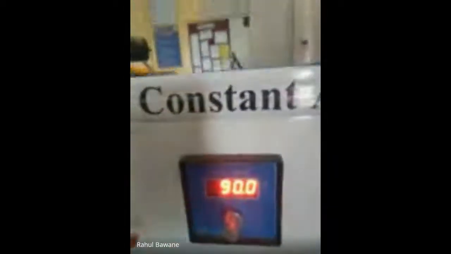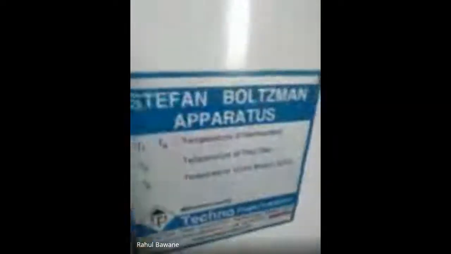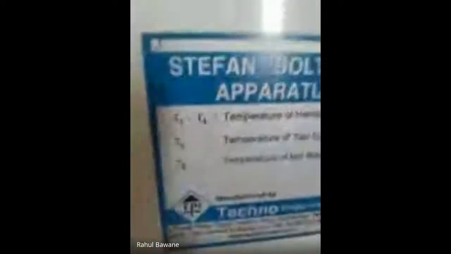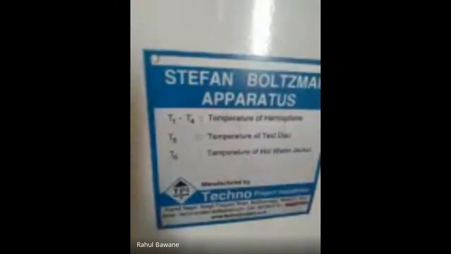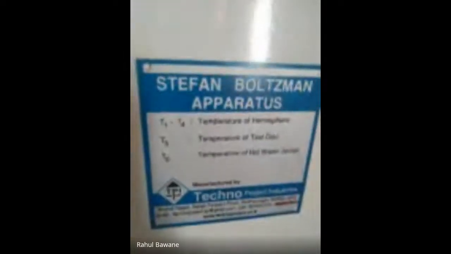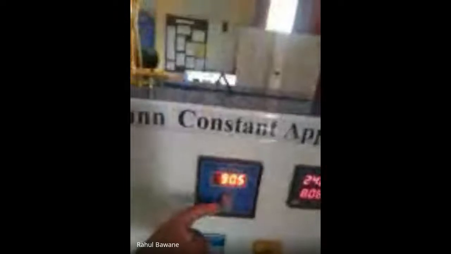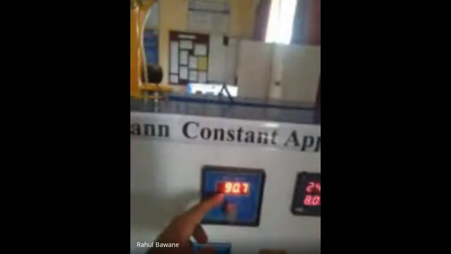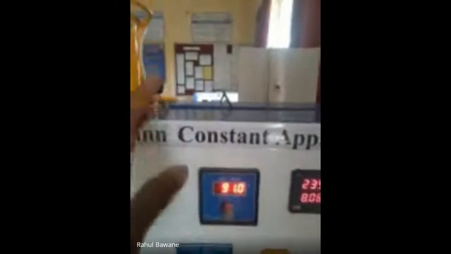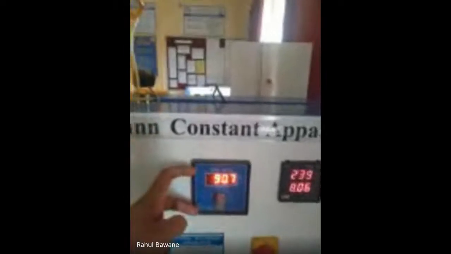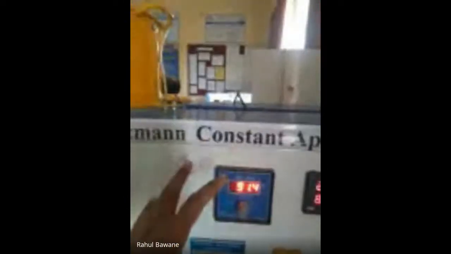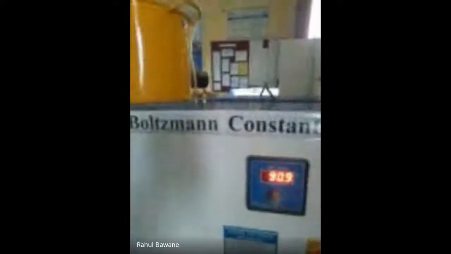Now it is about 90 degrees centigrade. There are 6 thermocouples: 1 to 4 on the hemisphere, the 5th on the test dish, and the 6th for water temperature. So at the beginning, we keep this knob on T6 to know the water temperature. It should be at least 90 degrees centigrade or more. Then we will start our equipment.